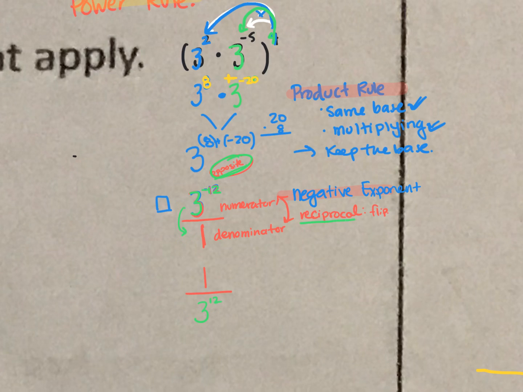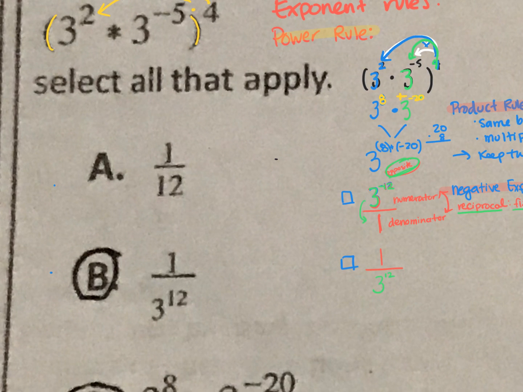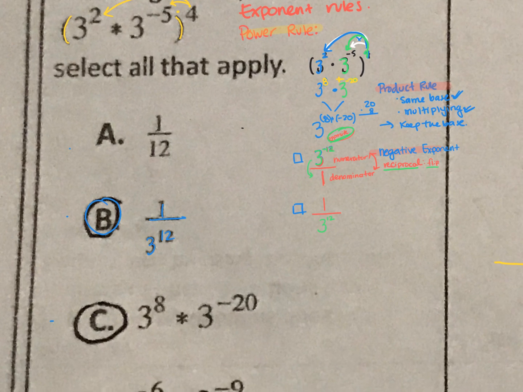You did the reciprocal, which means to flip your fraction, right? Now, let's go look at our answers. Is that a possible equivalent? Here it is, 3 to the 12 over 1. So B is an answer, for sure. If they had 3 to the negative 12, that's also an answer, right? Because these are equal.